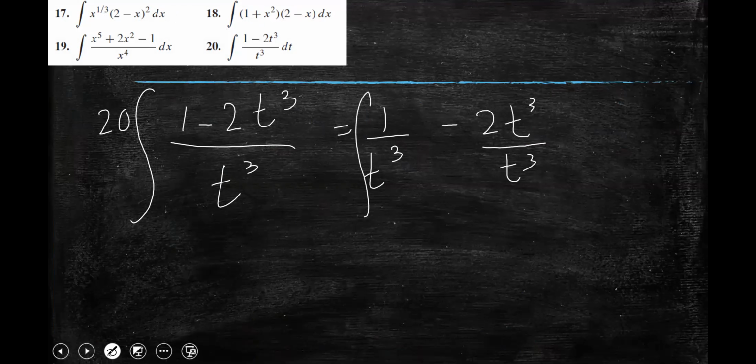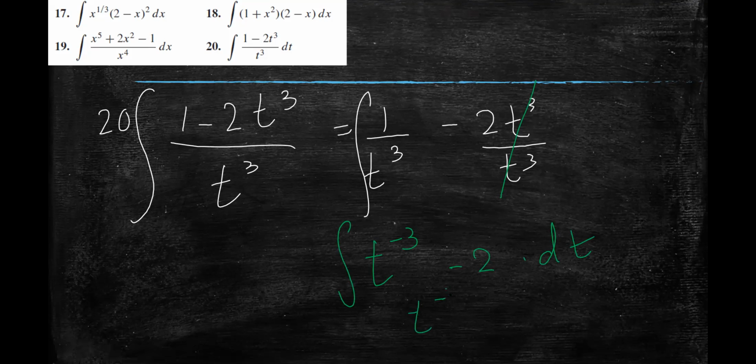How can I write 1 over t cubic? t to the power negative 3. t to the power negative 3 minus 2, and the t cubic terms cancel each other. Then I will find the integration. Here, negative 3 plus 1 over negative 3 plus 1, minus, what's the integration of negative 2? Negative 2t, plus c.